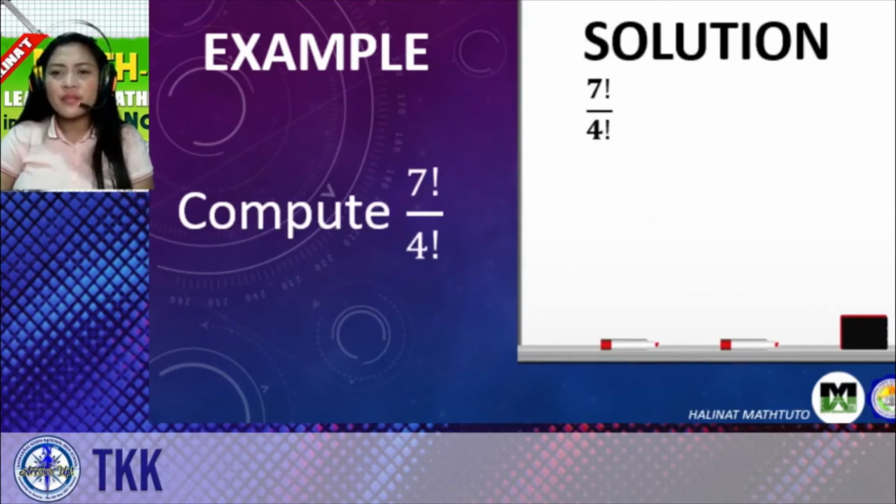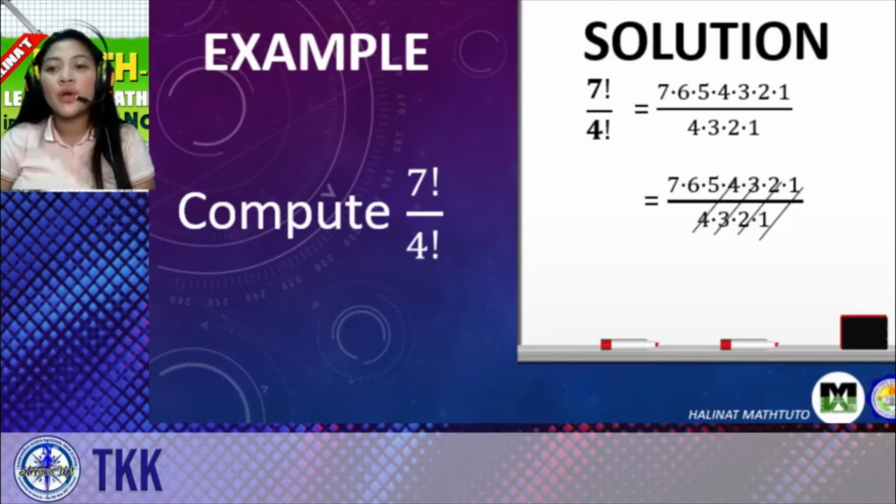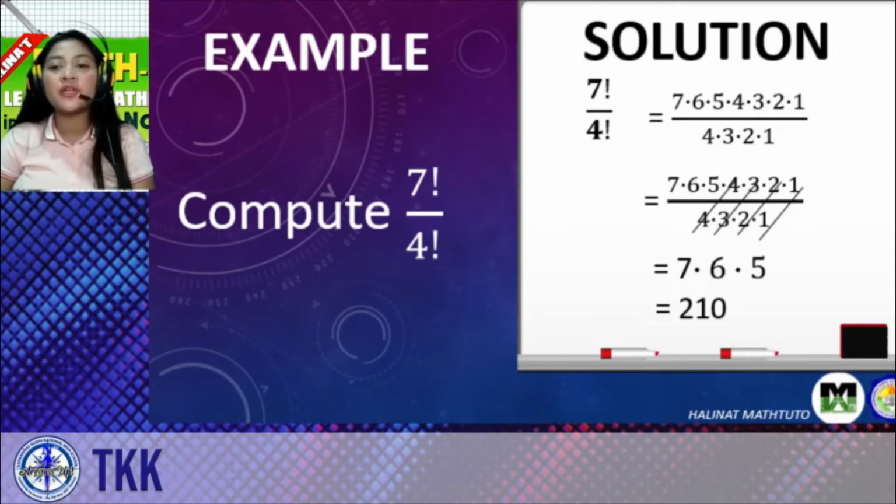Solution, 7!/4! is equal to 7 times 6 times 5 times 4 times 3 times 2 times 1 divided by 4 times 3 times 2 times 1. Then, we're going to cancel out 4 times 3 times 2 times 1. Then we will have 7 times 6 times 5. Therefore, 7!/4! is equal to 210.